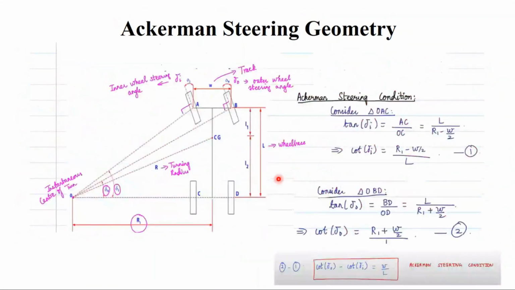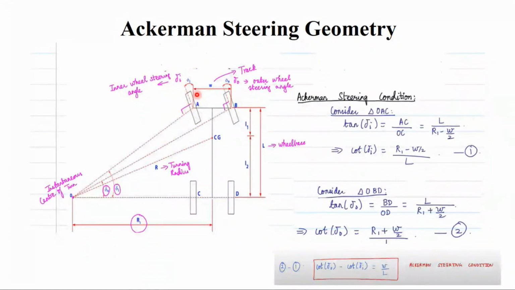Similarly, here we are going to define some terminologies. This is the inner wheel, and this is the outer wheel. The inner wheel is noted as I and the outer wheel is O. You have the inner wheel steering angle, del I, which is the angle between the instantaneous center of turn and the inner wheel.